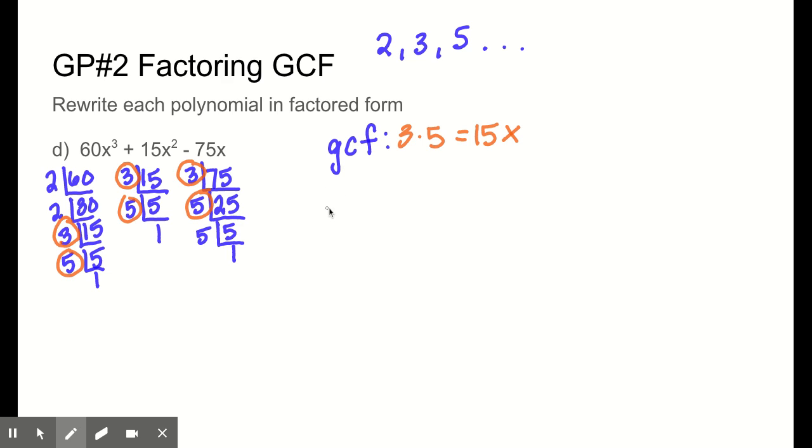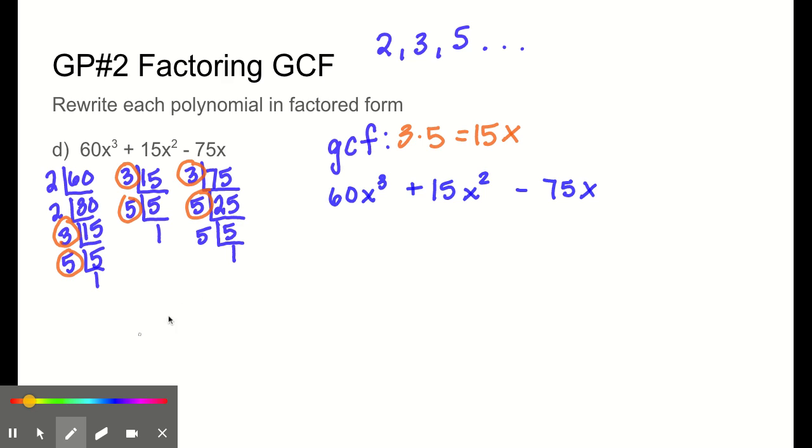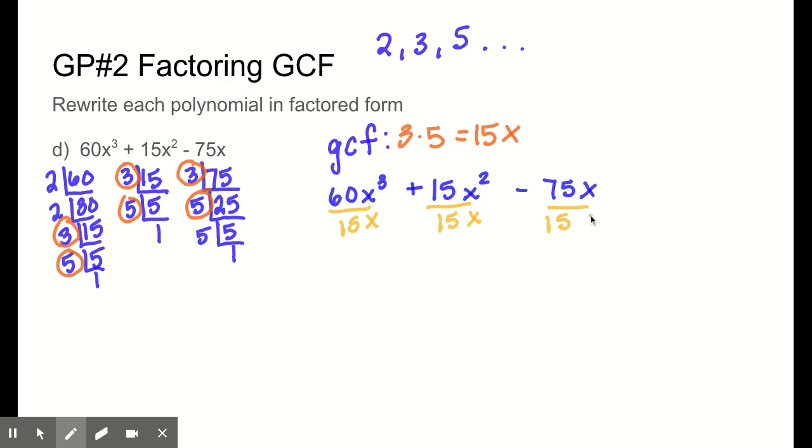So let's go ahead and factor that number out. Let me rewrite this. So we have 60x cubed plus 15x squared minus 75x. And we are going to factor out 15x. So 15x must go out in front of our parentheses.